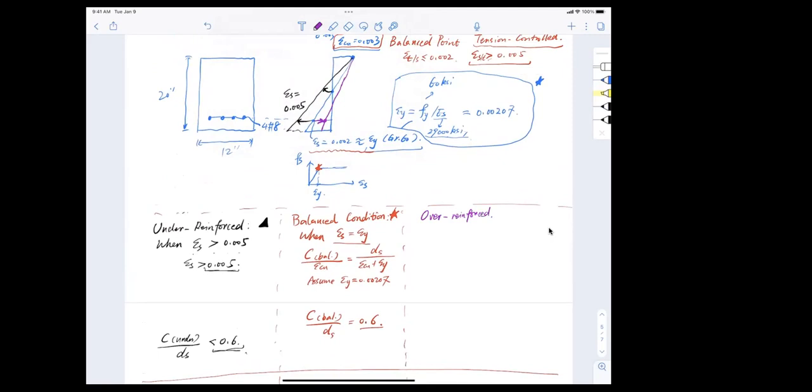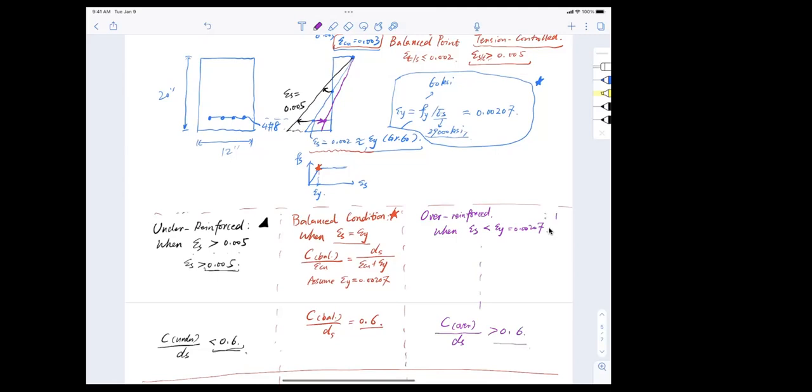Okay, so when I have the over reinforced case, my epsilon S has to be smaller than epsilon Y, that is 0.002. For this case, you do the calculation, and the compressive zone over depth ratio has to be greater than 0.6. So more compression.